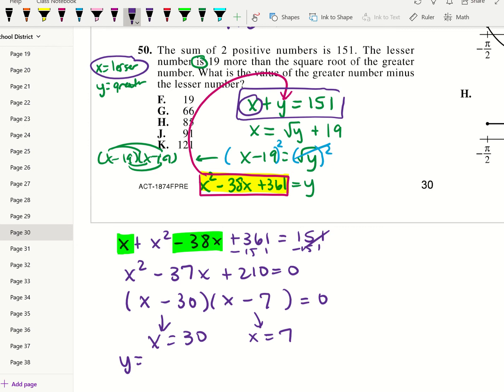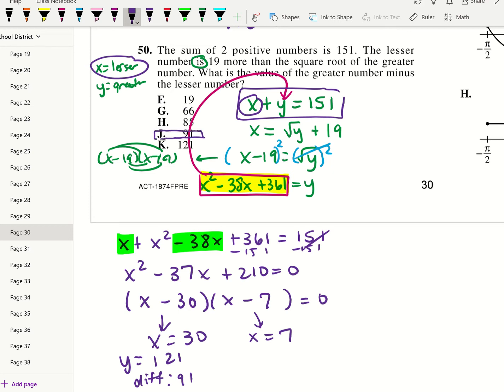So if I subtract that 30 off of 151, I can find out what the value of the bigger number is. 151 minus 30 would make the bigger number 121. Sorry about that. If I then subtract these numbers, their difference is 91, which is option J.